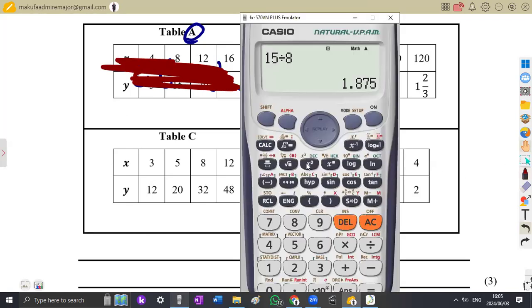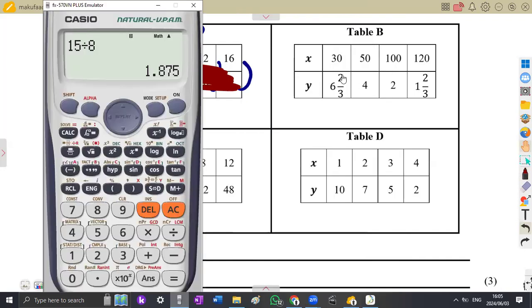Let's move on to the second table, B. We consider this part that is 6 2/3. To have this one, you press shift, so this is a fraction 6 2/3, which is supposed to be over 30.